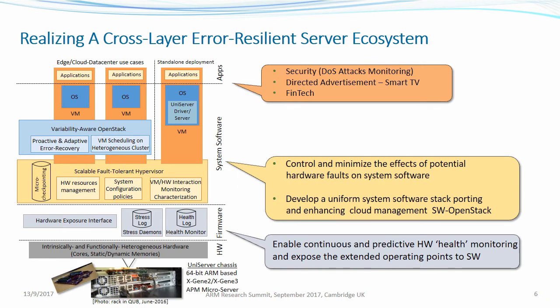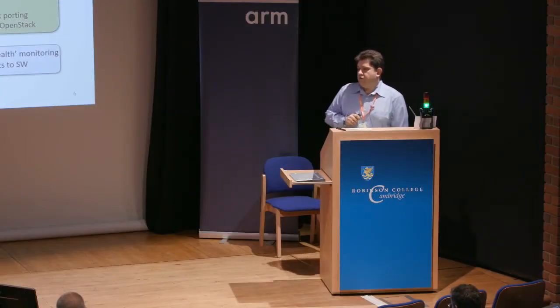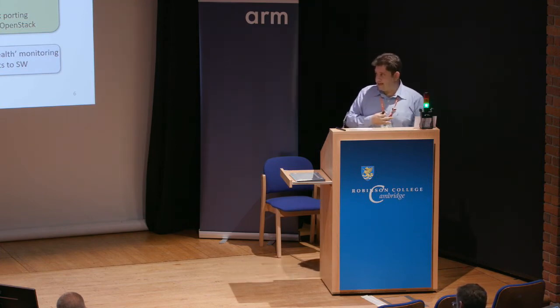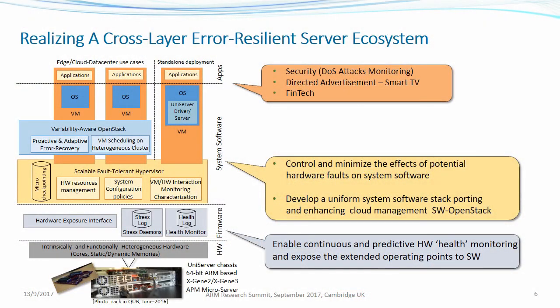So, of course, this involves a lot of work, and it involves all parts of the system. So this is actually the whole stack of UniServer. We start from the hardware. The main platform is X-Gene 2 APM microservers. We are going to move to X-Gene 3 next month. There is a characterization phase on those systems statically, a priori, and then this characterization phase is also repeated during the life of the product periodically.